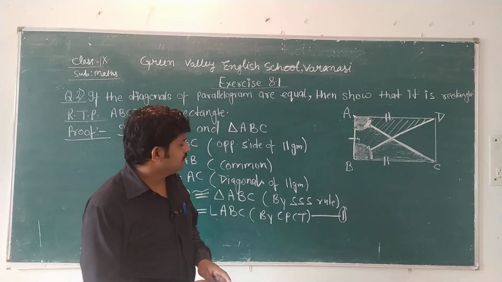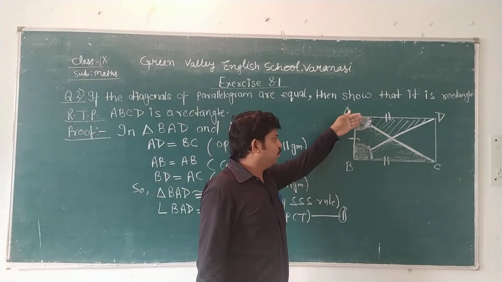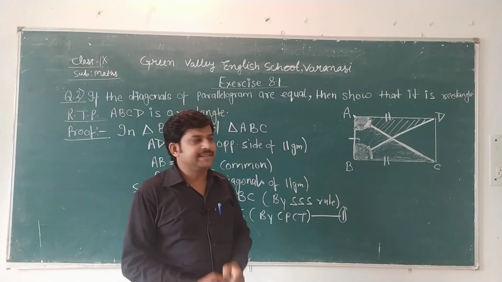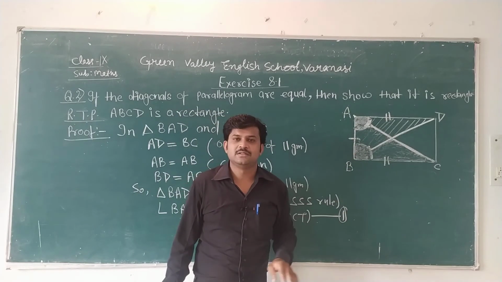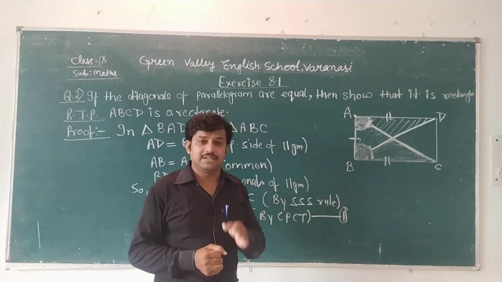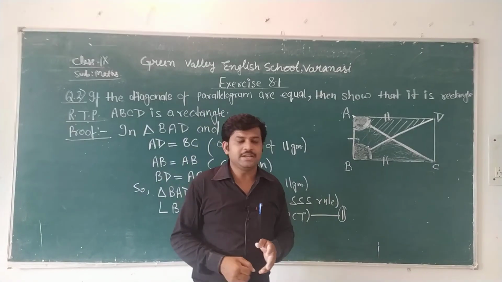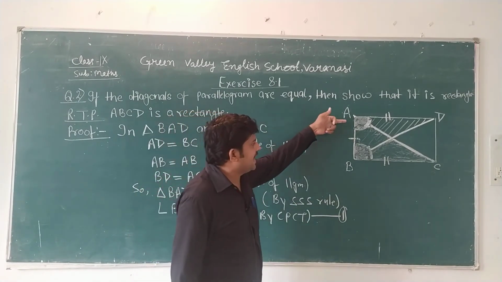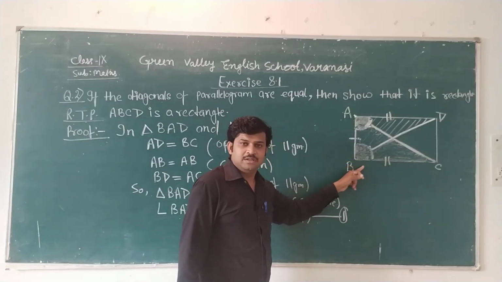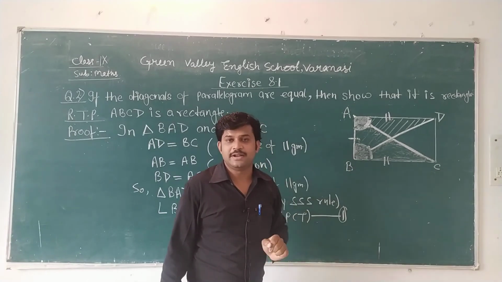When angle A and angle B are 90 degrees, then ABCD is a rectangle. According to the property of a rectangle, each interior angle of a rectangle is 90 degrees, so we will prove angle A is equal to angle B is equal to 90 degrees.